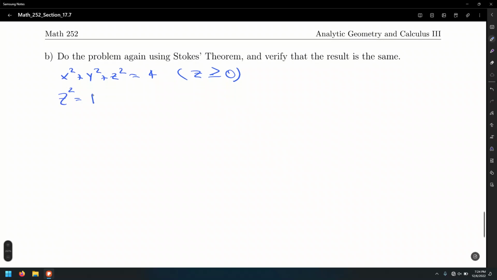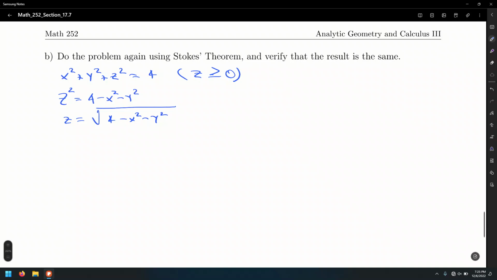Z squared equals 4 minus x squared minus y squared. And for z, I know when we use the square root property, technically we should have that plus or minus. But because of this condition that we're only working on the upper hemisphere, we just take the positive radical, right?